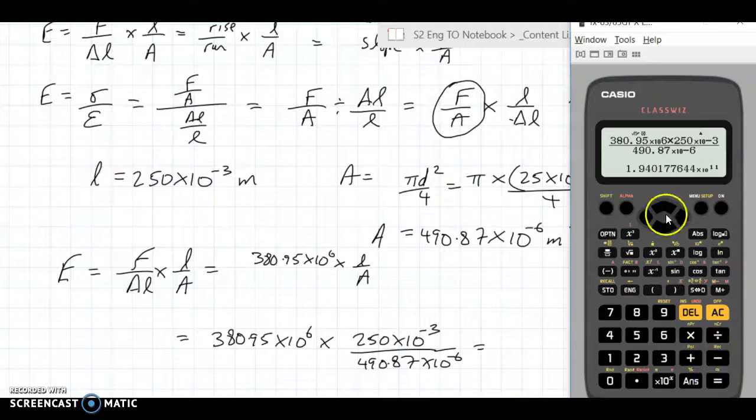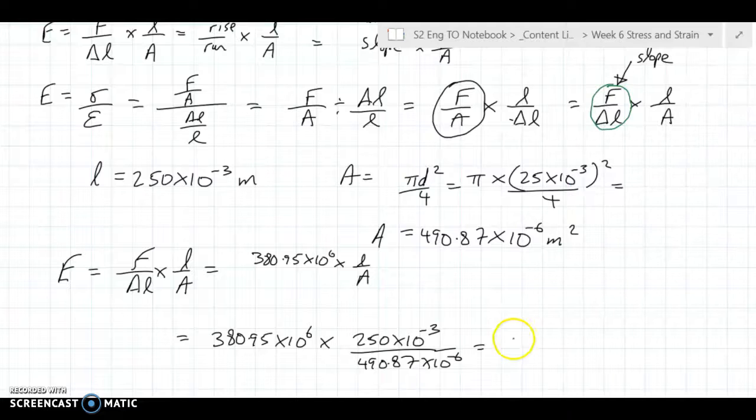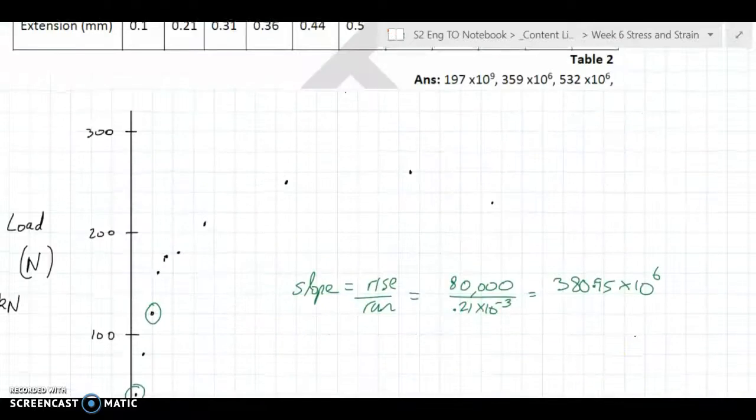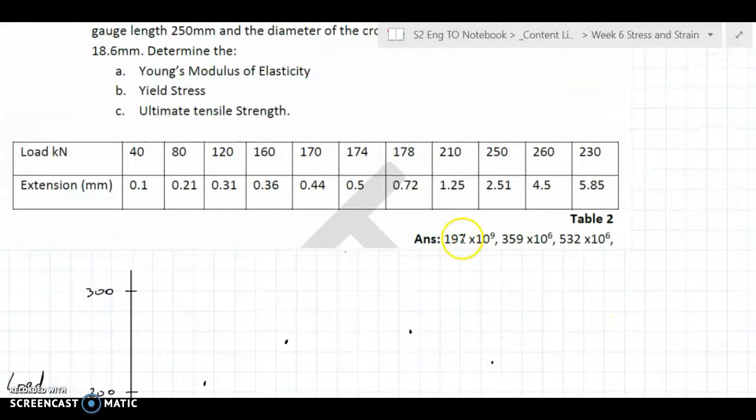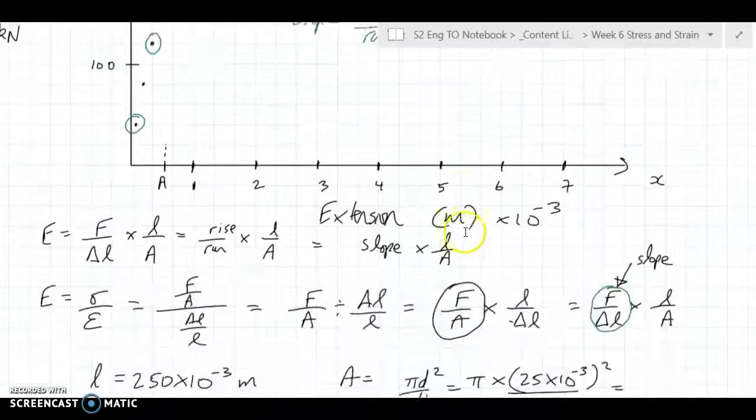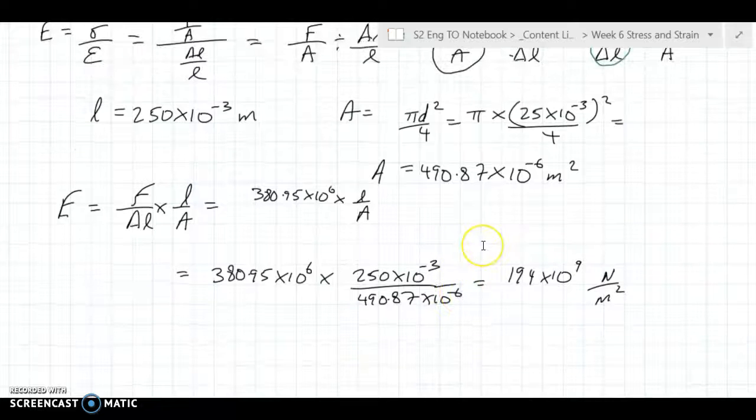And I get 194 by 10 to the 9. That's Young's modulus, so that's going to be newtons per meter squared, I think. And that agrees very closely with the answer supplied there, 197. So I'd be happy enough with that. That was part A.